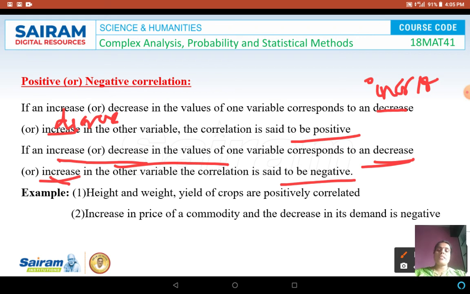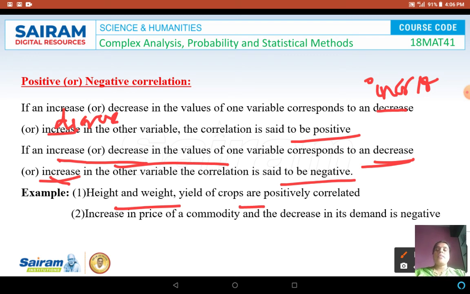A few examples of this type of correlation: height and weight, or the yield of a crop, are positively correlated. You may also tell, as in the COVID period, we started using mobile data, internet data, like most of the people started using it and usage has increased. Meanwhile, the cost of the data also increased.